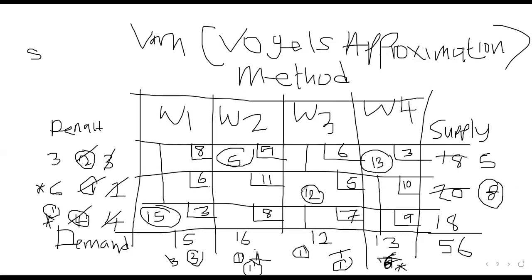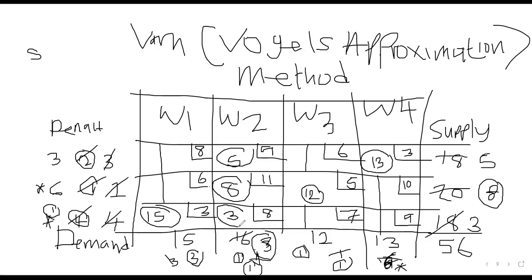If this 8 cannot be supplied here, it will have nowhere to go because this is closed. So 8 comes here. What will remain here actually will not be 8, but 3. This 3 can now be made, because after allocating this 15, there was a 3 that remained, which will come here.